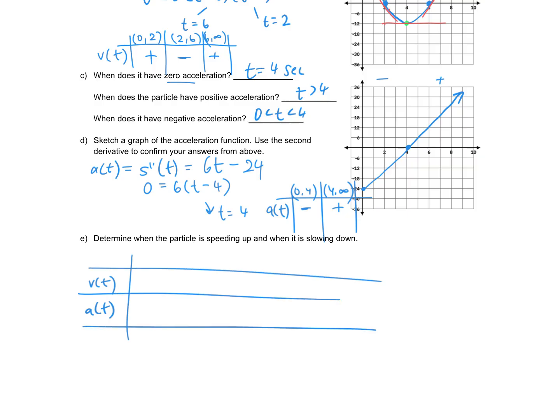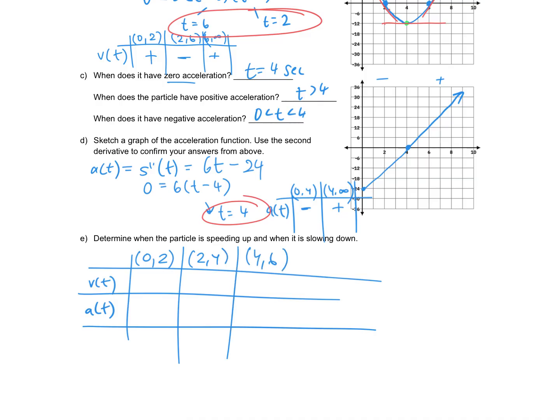In terms of the numbers I'm using in my intervals, I'm going to use the zeros of acceleration and the zeros of velocity. So I'm going to go from 0 to 2, 2 to 4, 4 to 6, and 6 to infinity. Okay, let's test our values.